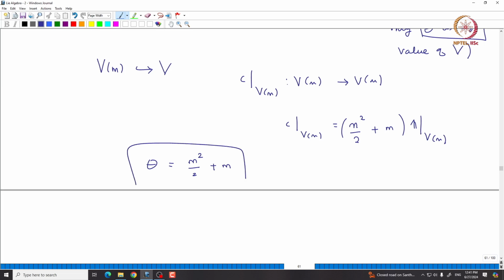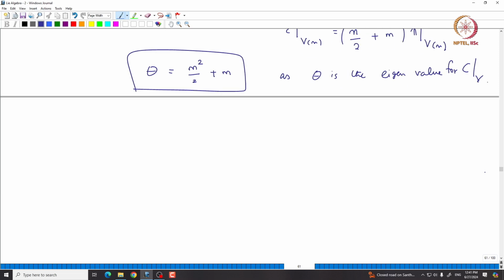This is the conclusion that we get immediately, as theta is the only eigenvalue for C restricted to capital V. Now, if we take another irreducible representation sitting inside capital V, then by a similar argument theta must be exactly equal to n square by 2 plus n.